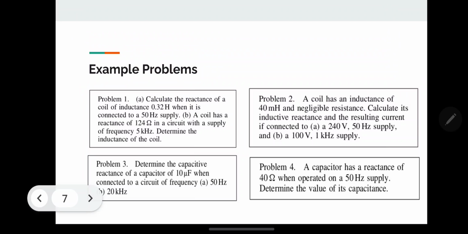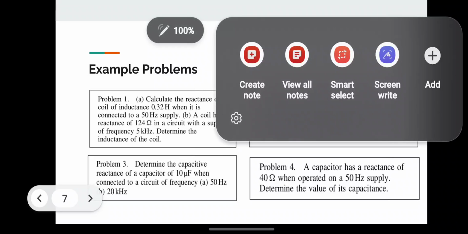Determine the inductance of the coil. So we'll be going through the first question, which is very mandatory. Like I said, I won't solve all the questions, but I will try as much as possible to solve the most important ones. In your free time, try and solve them also.